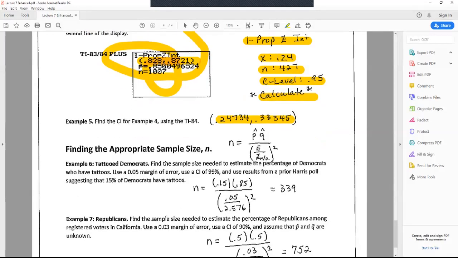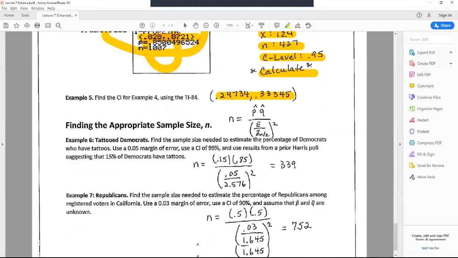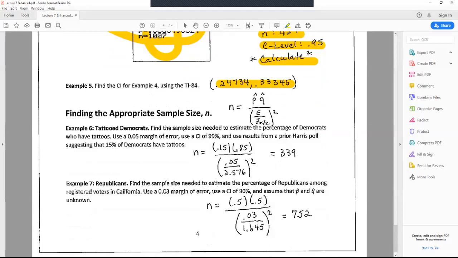Example 5 is what we just did. The last two problems, since it is political season, let's go ahead and talk about tattooed Democrats. We're looking for the appropriate sample size. Well, here's the formula for the appropriate sample size. This is telling you, in essence, how many people you need to survey in order to have a robust study or a robust sample.